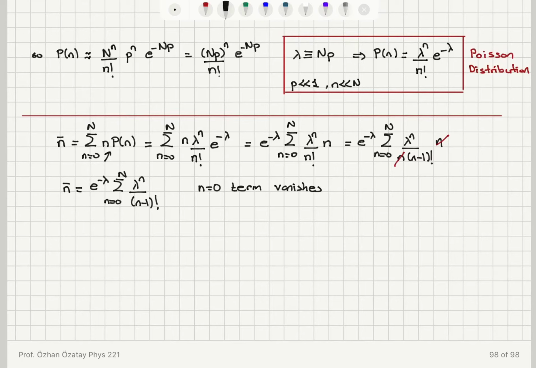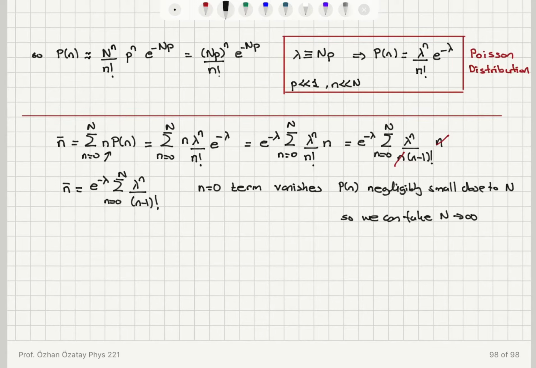And the probability for n values will be negligibly small when I'm close to capital N. So we can take capital N to be infinite, to a good approximation.